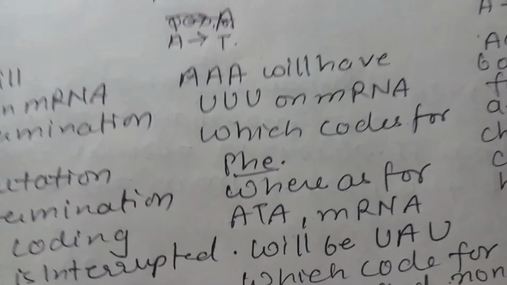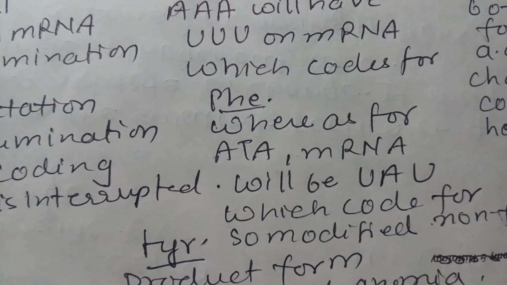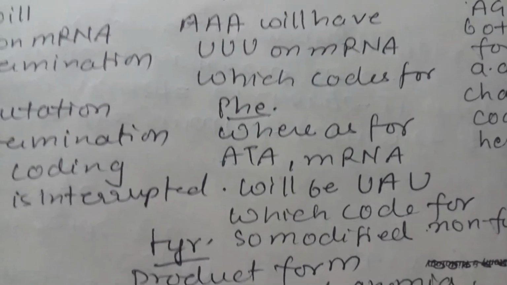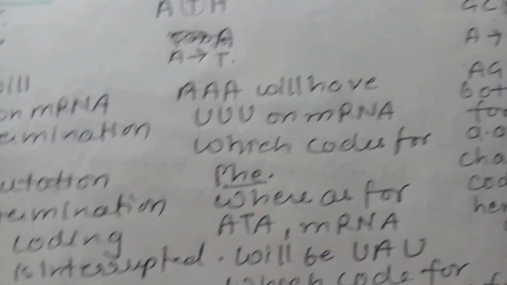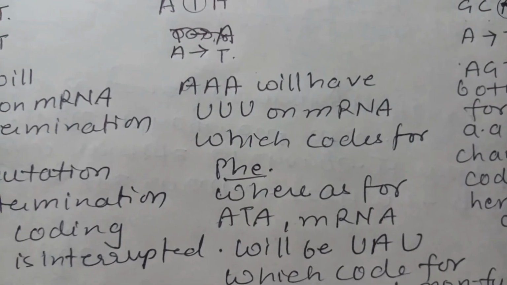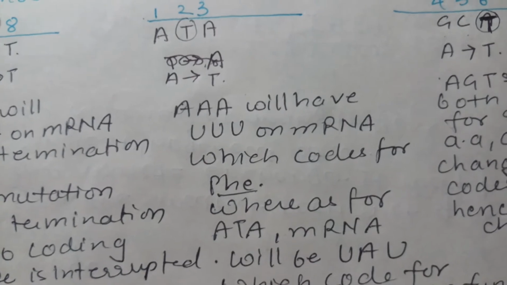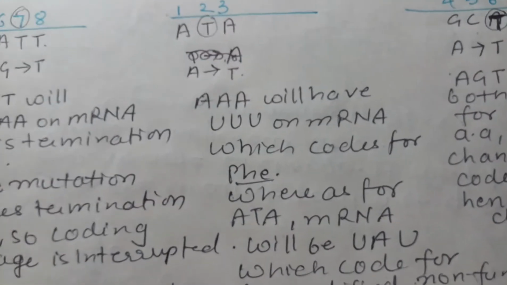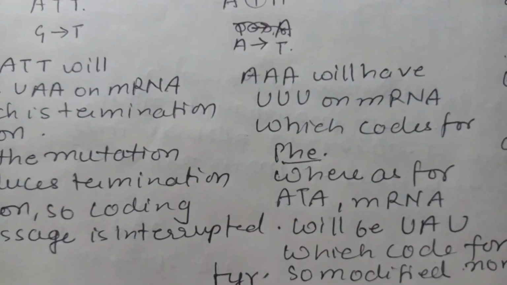Whereas for ATA, the mRNA will be UAU, which codes for tyrosine, another amino acid. So a modified non-functional product is formed. Wherever in the protein there has to be phenylalanine, tyrosine is present instead and a defective protein is produced. Such a case we have already studied in sickle cell anemia, where a defective product is formed, so the RBC shape changes to sickle shape.